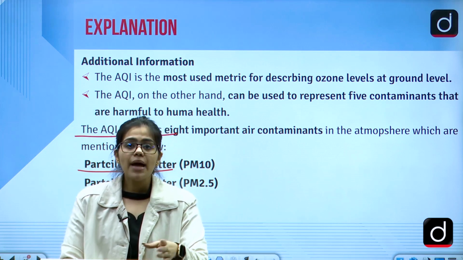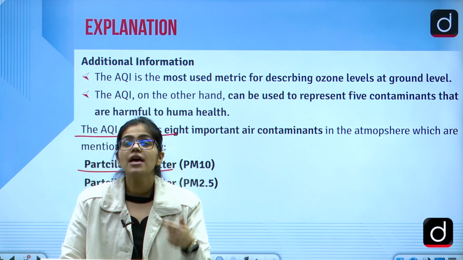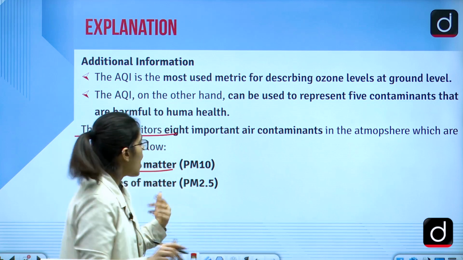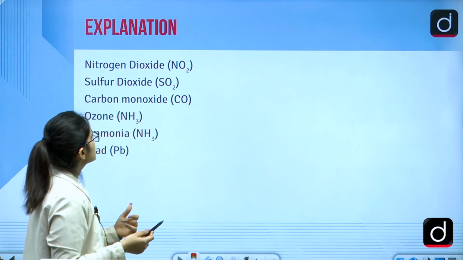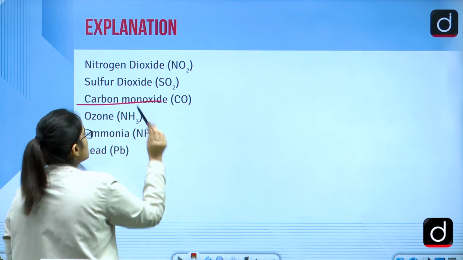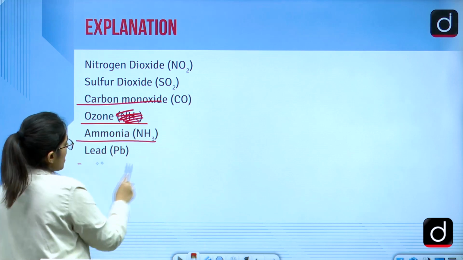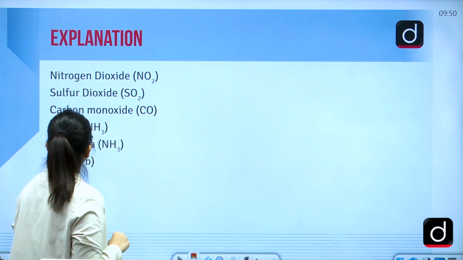PM2.5 is very small and cannot be seen with the naked eye, while PM10 can still be seen with the naked eye. Which is more harmful? PM2.5 is more harmful. We have nitrogen oxide, sulfur dioxide, carbon monoxide, ozone, ammonia, and Pb, that is lead, right?